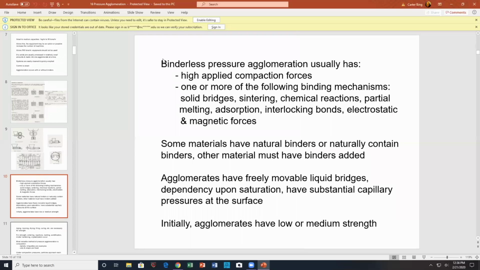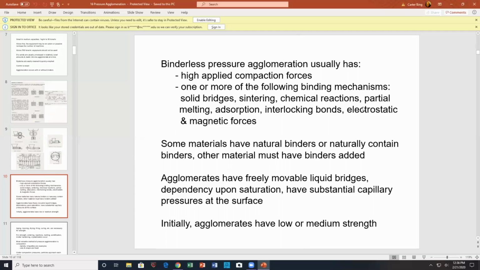So we're looking at the binderless pressure agglomeration. Usually has high applied compaction forces. And one or more of the following binder mechanisms may be occurring. You can be forming solid bridges. Sintering, remember we can sinter at temperatures two-thirds that of the melting temperature.